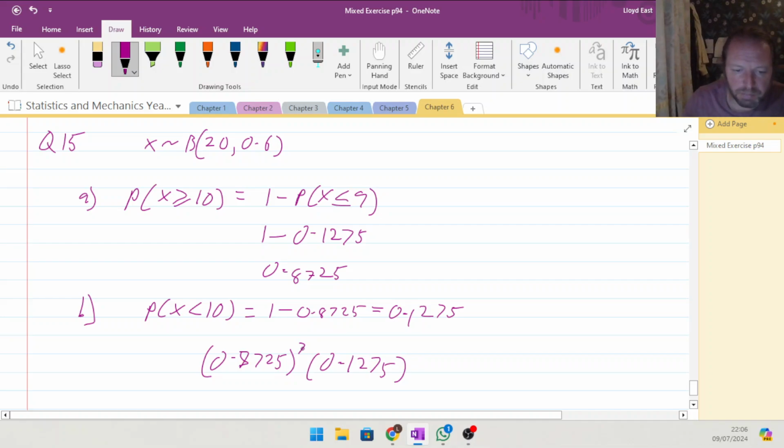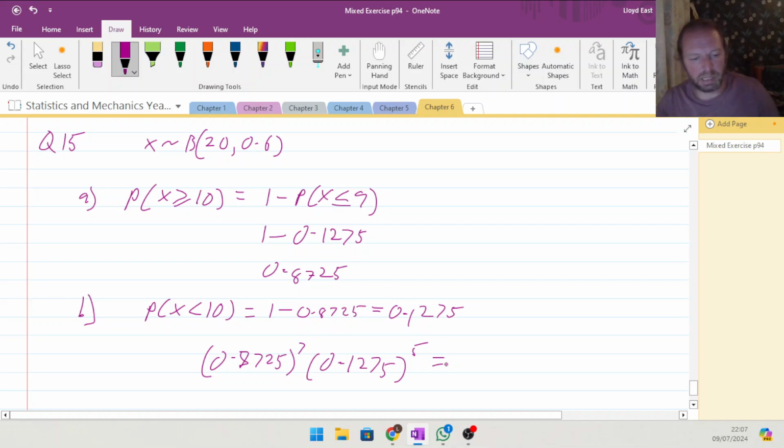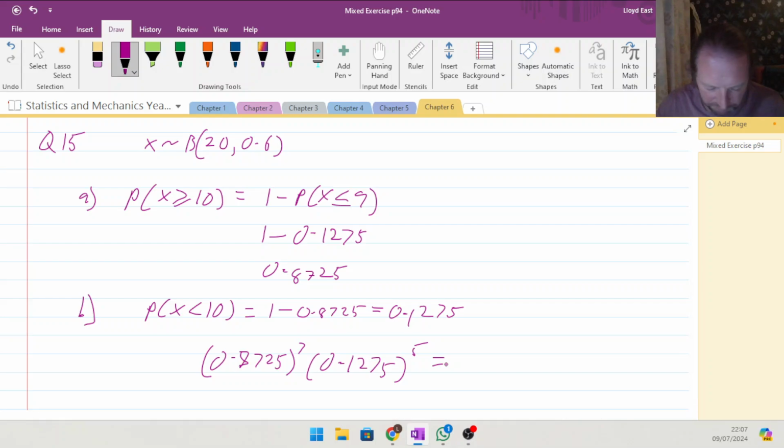So from 7 up to 12, 1, 2, 3, 4, 5, to the power 5. And when we put that into the calculator, 0.8725 to the power 7 times 0.1275 to the power 5 for the times that we missed.